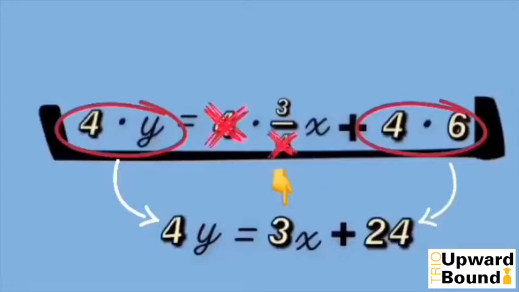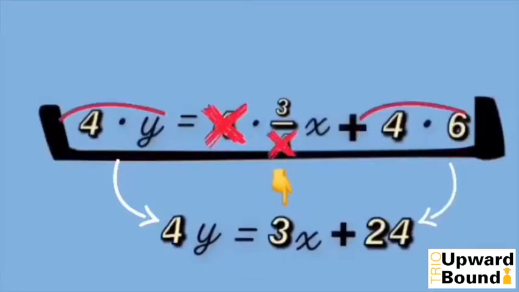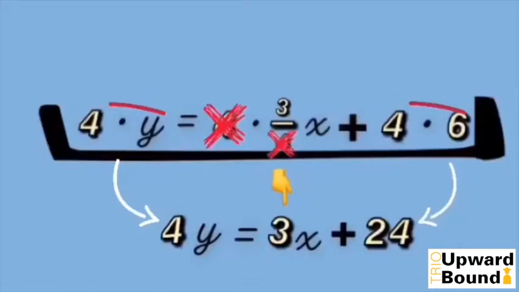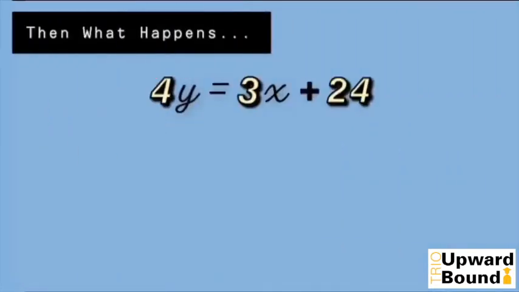Then because we multiplied by 4, which was the denominator, the 4 times 3 over 4 cancels out and becomes 3x. Now the last thing, you multiply 4 times 6, and that will equal 24. Now when the rules are applied, we come out with the equation 4y equals 3x plus 24.